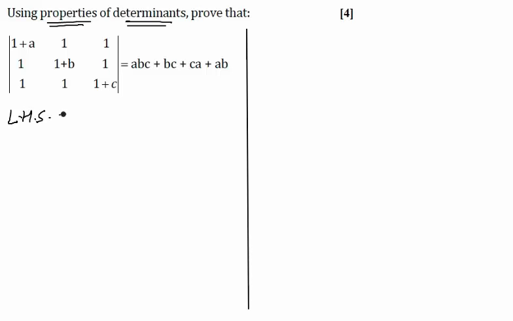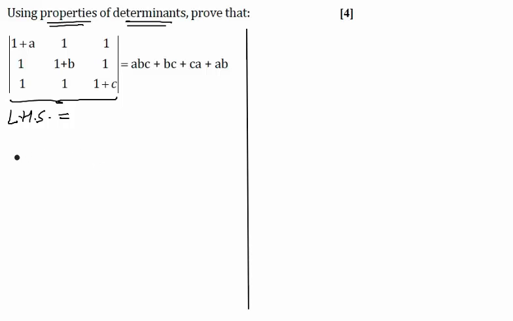Okay, so let us start with the LHS quantity. This is my LHS quantity, the determinant. To use the transformations effectively, I'm doing this first step where I take A common from the first column, B common from the second column, and C common from the third column.